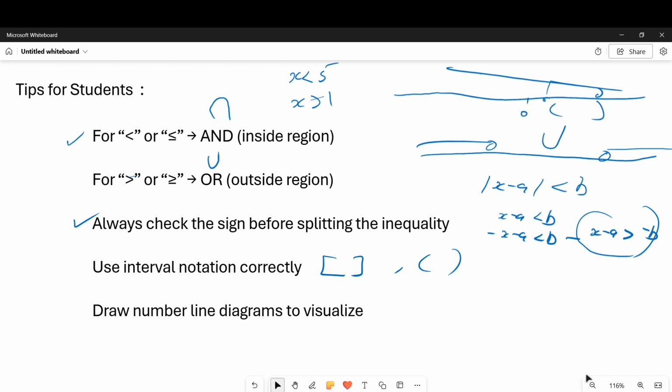Whenever you arrive at a solution, it is very good to visualize it, because if there is any logical error or mistake, it will come to your mind when you visualize it. So try to visualize the inequality and its solution on a number line. It is good for better understanding.